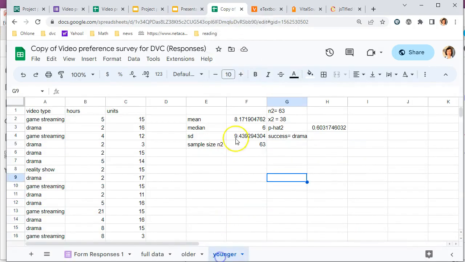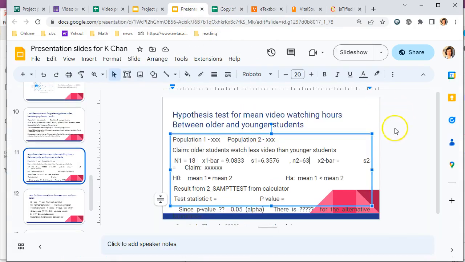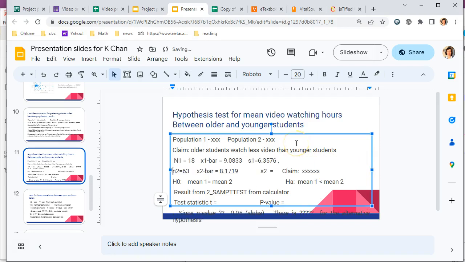So we go to the younger page. 8.1719, that is X bar, the average or the mean. And maybe I'll put it on 2 lines. And X2 bar, 8.1719. S2. Oh, my claim is not here.